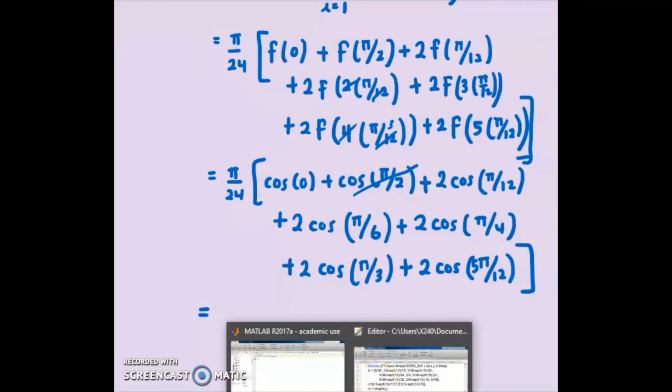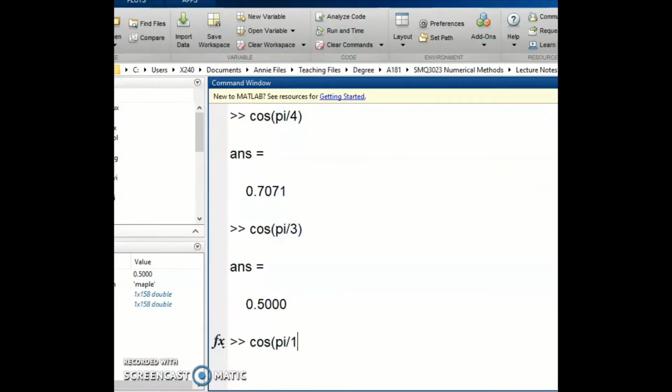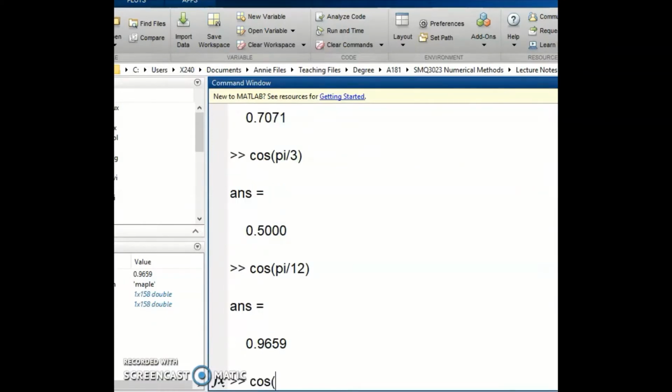I have my MATLAB ready to calculate these values: cos pi over 4, cos pi over 3, cos pi over 12, cos pi over 6, and cos 5 times pi over 12.